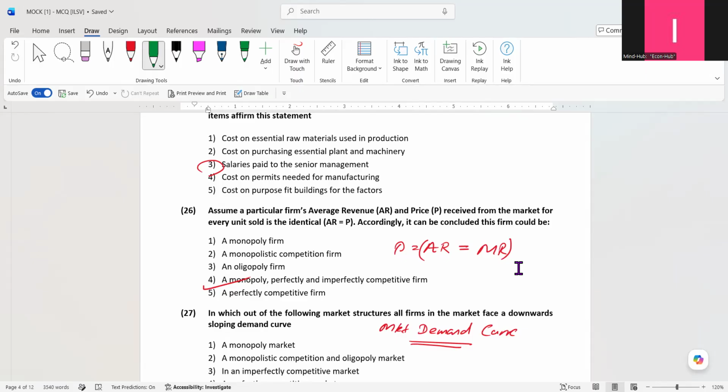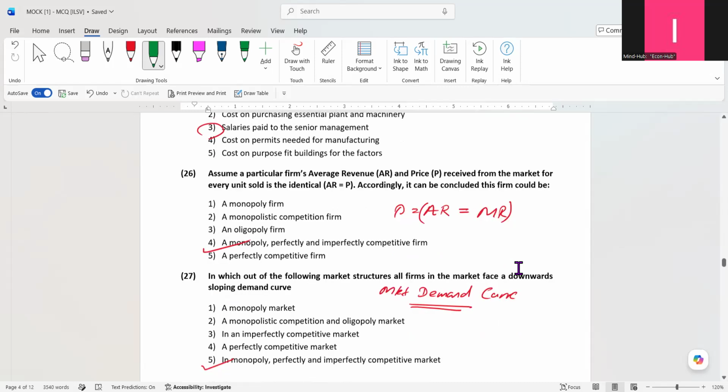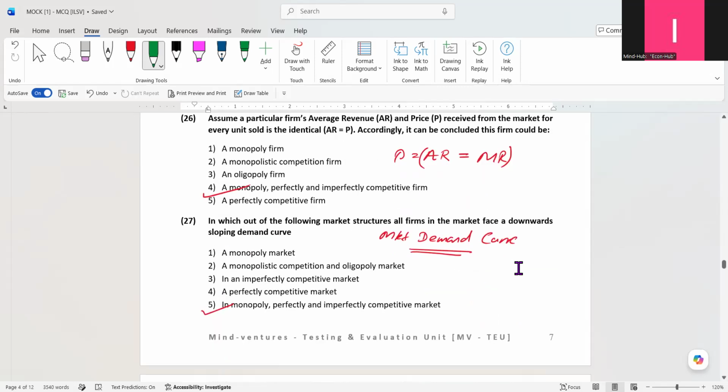AR equals MR as I have illustrated there. P equals AR is common for any market structure. But AR equals MR is special for perfect competition. So here it could be a monopoly, it could be perfectly competitive, it could be imperfectly competitive. Get it? So answer number 4. It could be any market structure.